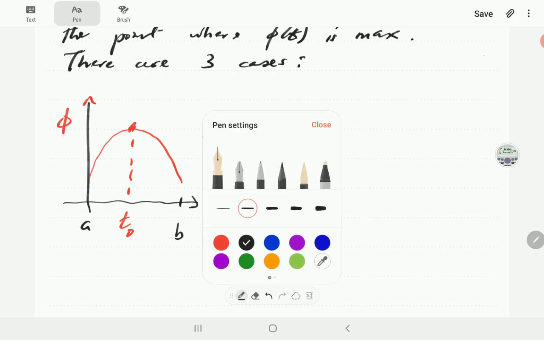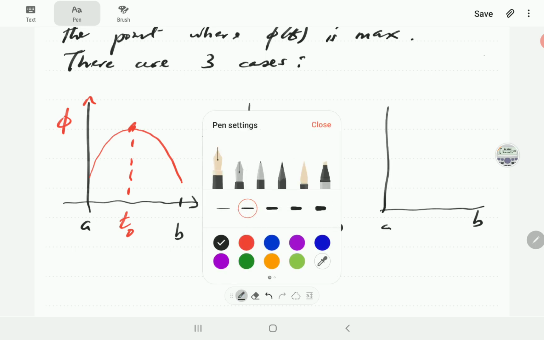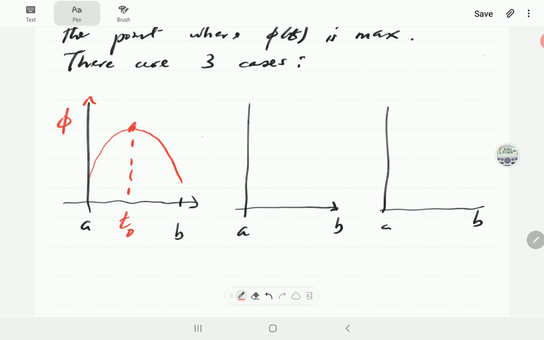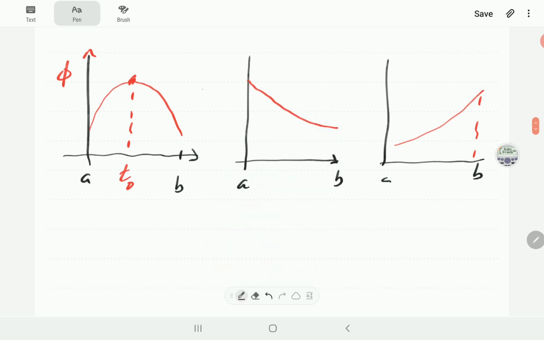Then the other two instances: in case 2, phi could have a maximum at the point t equals a, or phi could have a maximum at the point t equals b in case number 3.